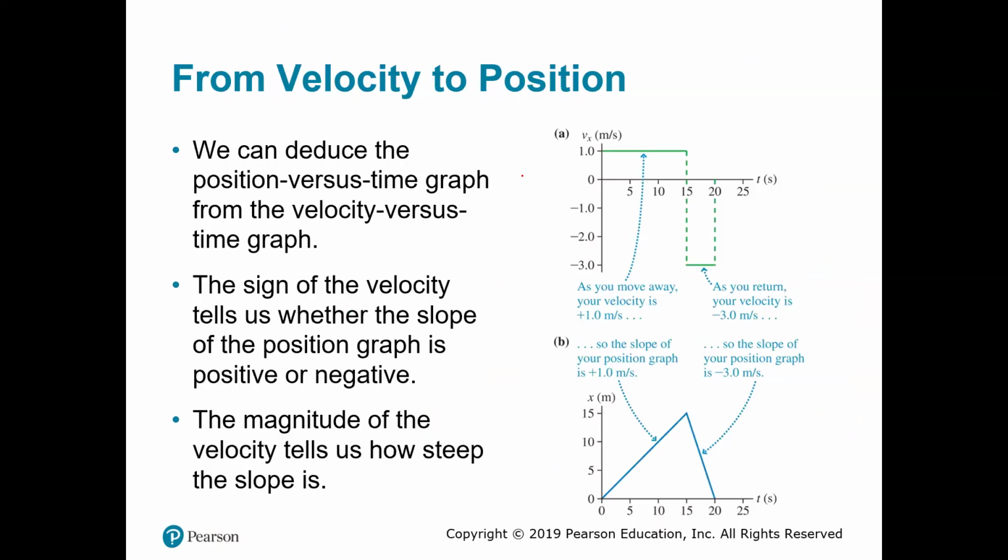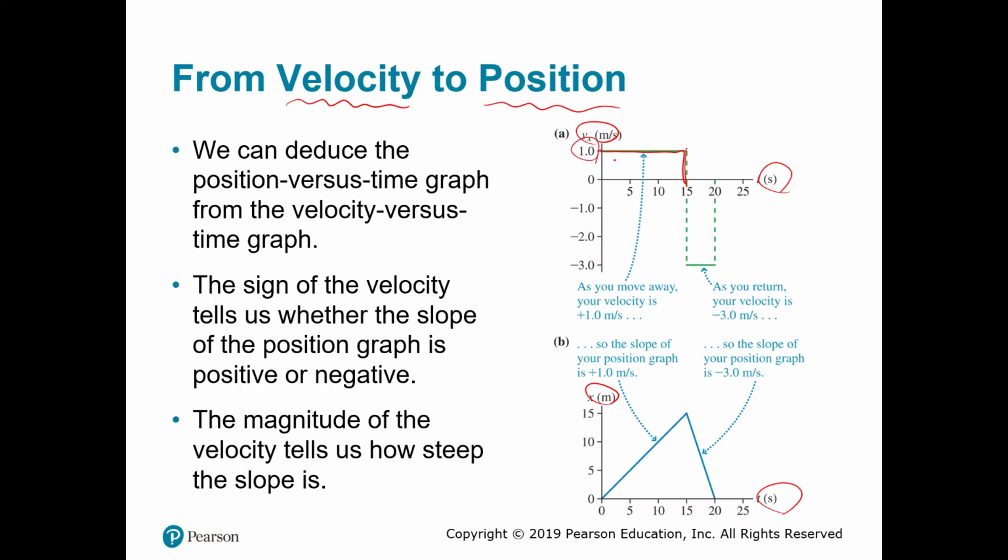Okay. So now you can also change your graph from velocity to position graph. Assuming you have a vt graph, now you want to convert this graph to an xt graph. For the first 15 seconds, what happened? Your velocity is 1 meter per second. So what is the physical meaning of velocity? You travel 1 meter per second.